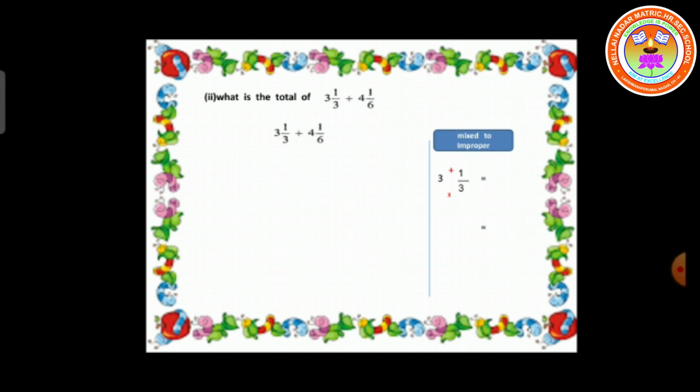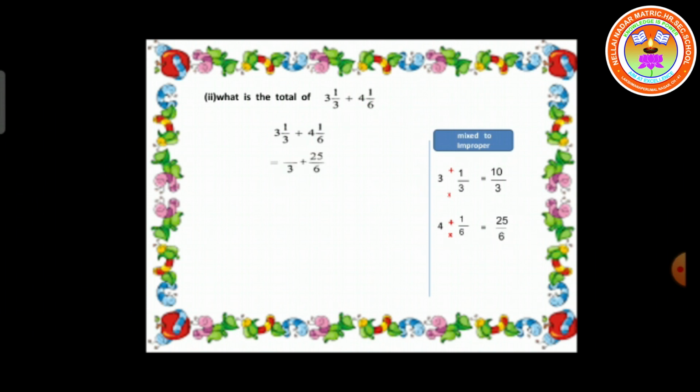It's a short way to find the improper fraction from a mixed fraction. Is it clear, students? If you want, you can use the formula or you can use this short method. Again, I am saying, take 4 1 by 6. Multiply these two numbers. 6 4s are 24. 24 plus 1, 25 by 6.